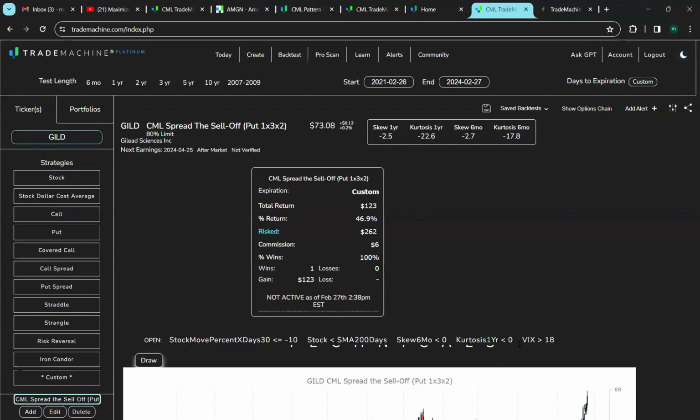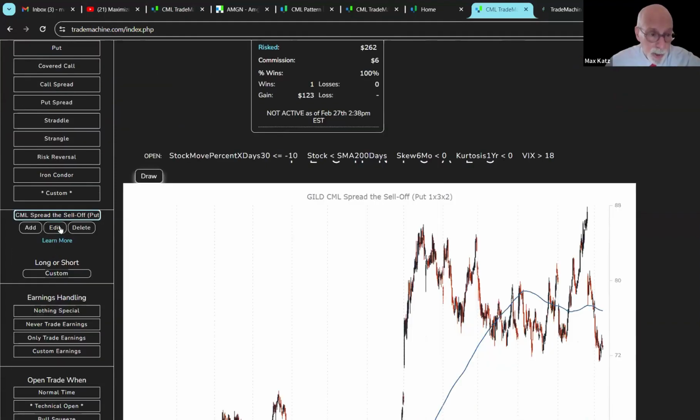For spread sell-off trades, do you have any rules that you adhere to when determining if you want to get into the trade? Must put it on for credit. This is just me personally now.